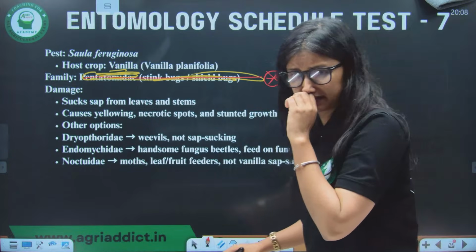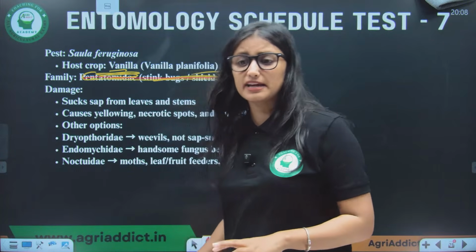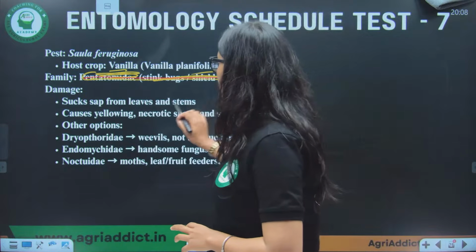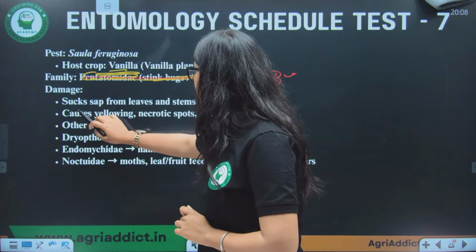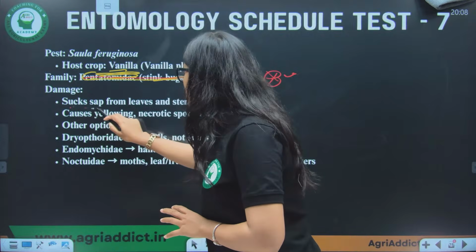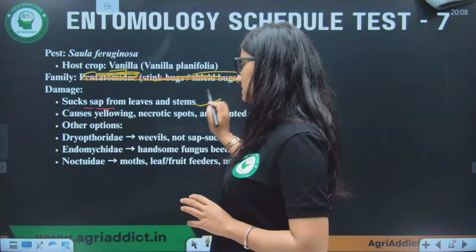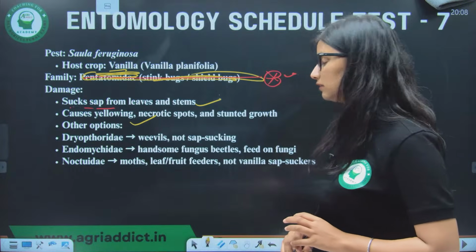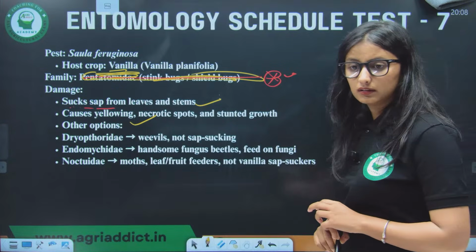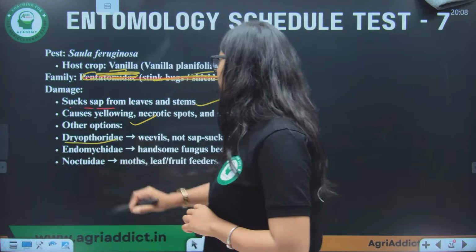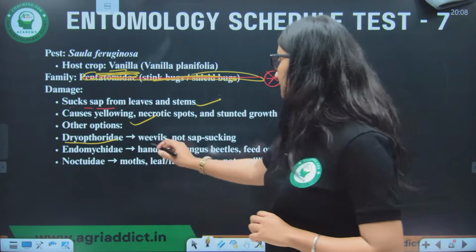It is a stink bug. Okay, the common name is stink bug or shield bug. So what about this? They suck sap from leaves and stem, causing yellowing. Okay. And what about Dryophthoridae? It includes weevils.